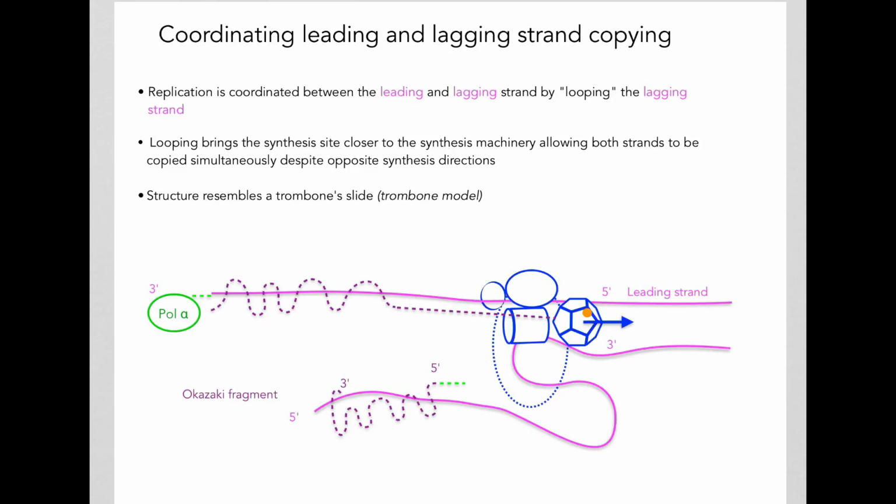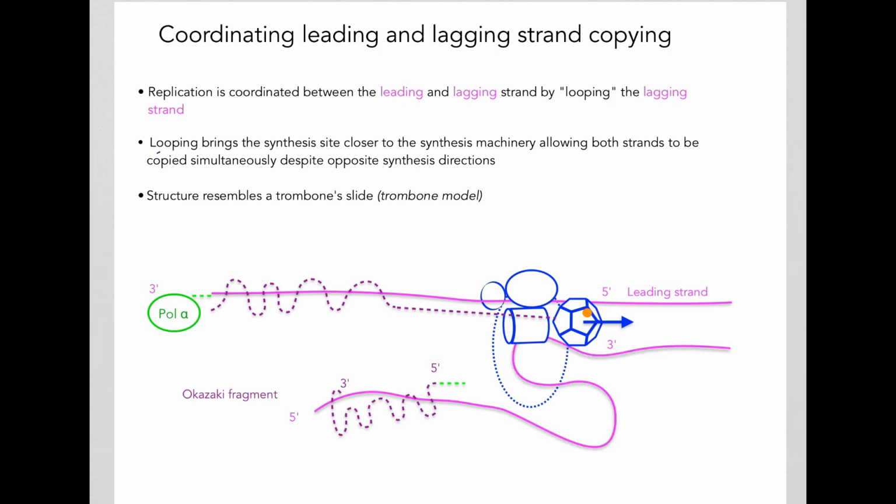Now replication is coordinated between the leading and lagging strand by looping the lagging strand. You can see the lagging strand here is being looped as the replisome moves along the DNA.